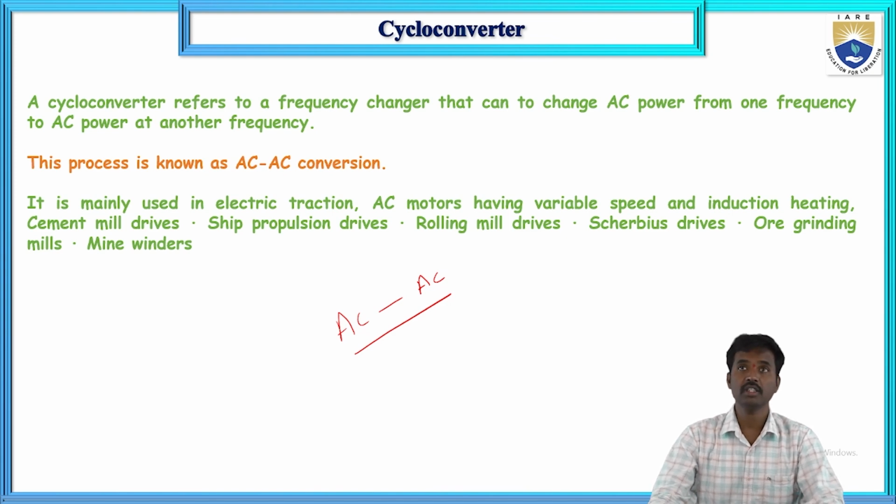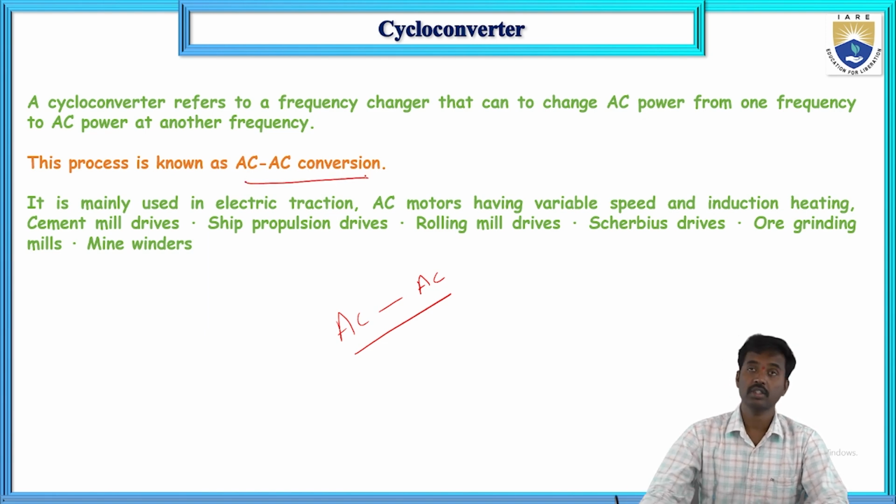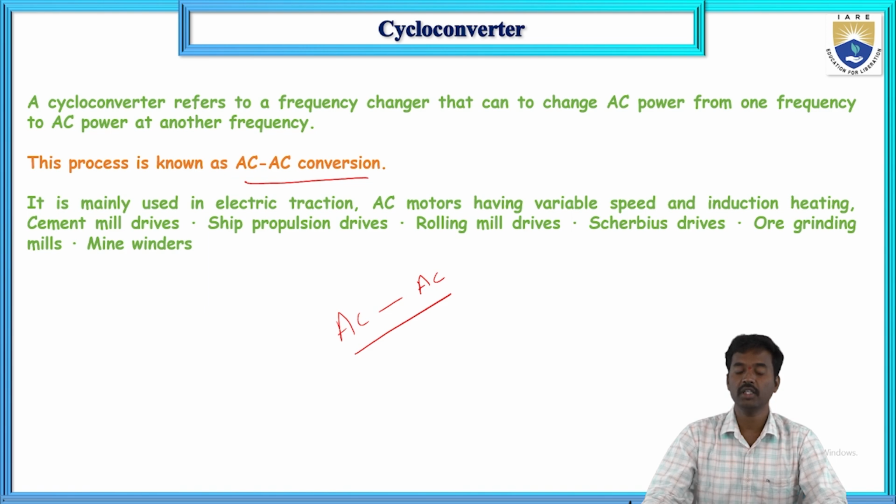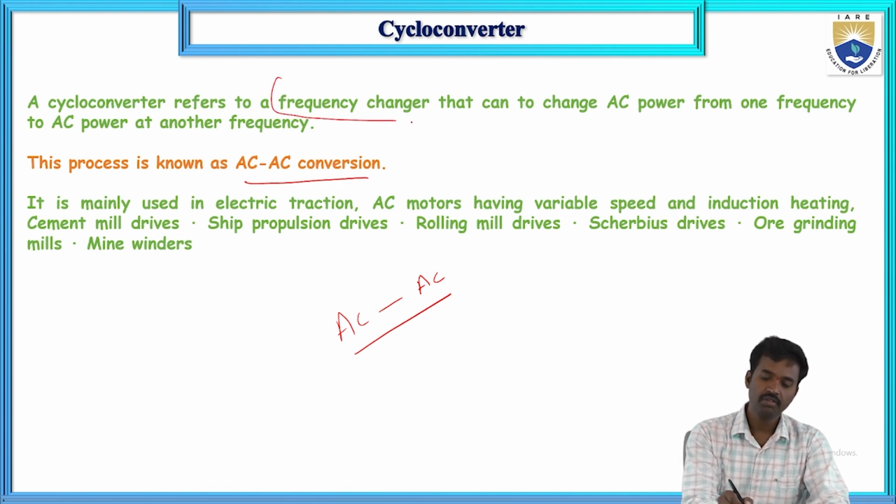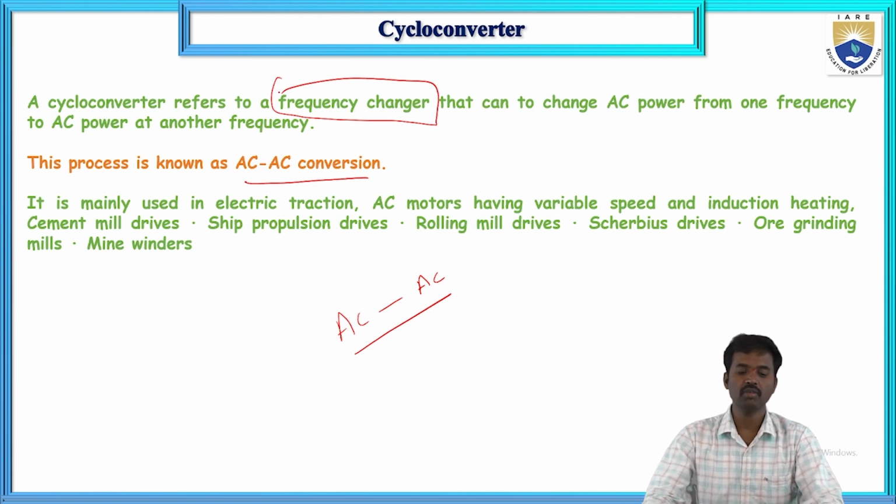In the case of an AC voltage regulator, which is also an AC to AC conversion device, also called AC voltage controller or voltage regulator, the input frequency and output frequency are the same, but here it is a frequency changer. Cycloconverter is a frequency changer, so input frequency and output frequency are different.